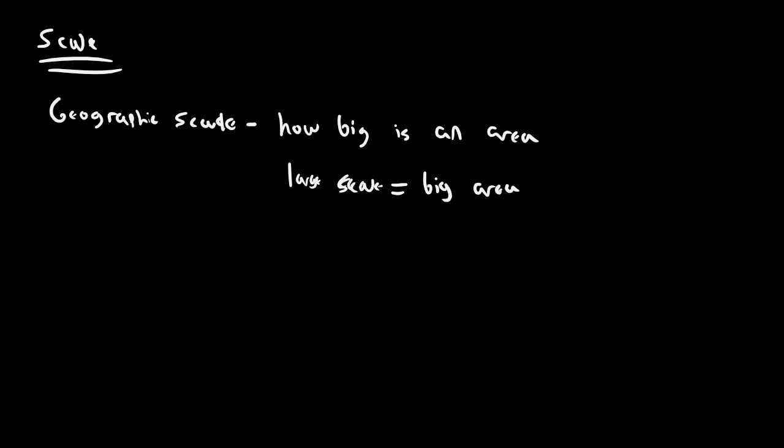But more importantly for us as cartographers, and sort of the opposite idea of geographic scale, is this idea of cartographic scale. With cartographic scale, we're talking specifically about a mathematical representation, or a mathematical inference.